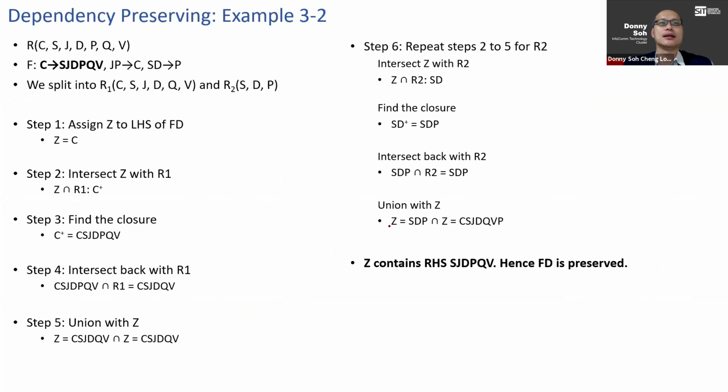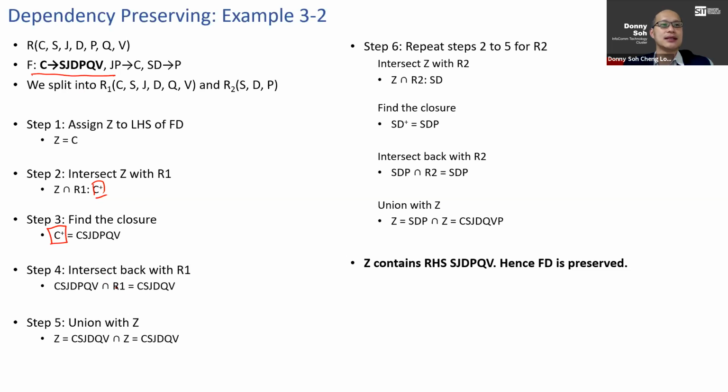Okay, let's look at the solution. So this is for the first FD. For the first FD, I assign Z to C. After that, intersect it with R1, and I will get C only. I find the closure of C. The closure of C based on this will be CSJDPQV.